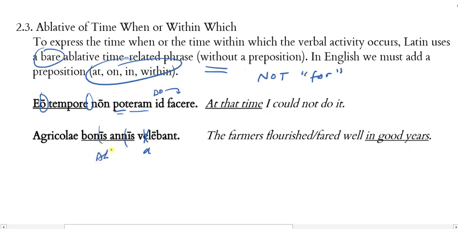That's ablative, plural, isn't it? And so that time expression, good years, needs to have an extra word in English because this is telling you when they fared well or flourished. The farmers flourished in good years. All right. So those are two examples of ablative expressions of time.